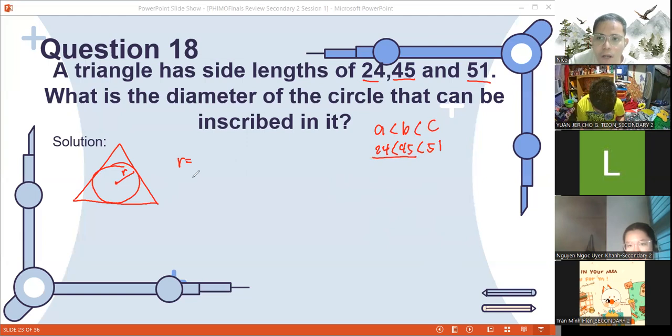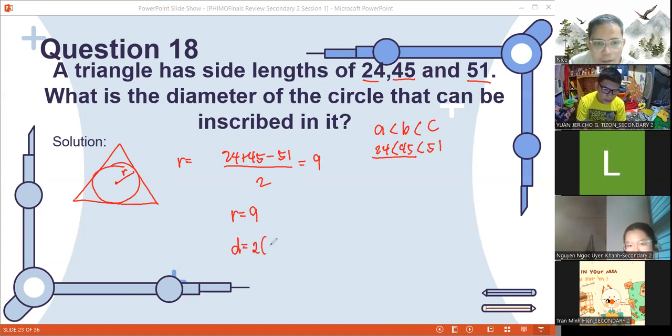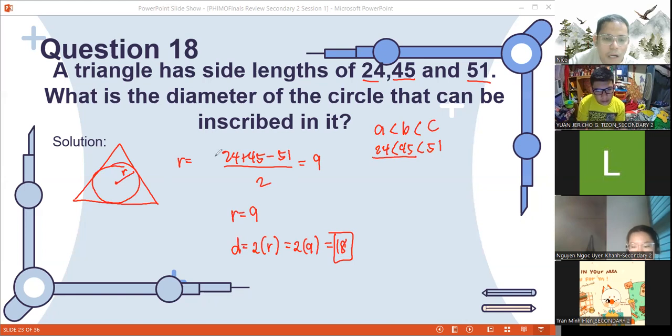We add the two small, it's 24 plus 45. We subtract the big one, then we divide it by 2. That's equal to 9. So the radius here is equal to 9. So the diameter, which is twice your radius, is twice the 9, would be equal to 18. So this is very easy if you just know how to solve for the radius. Okay?